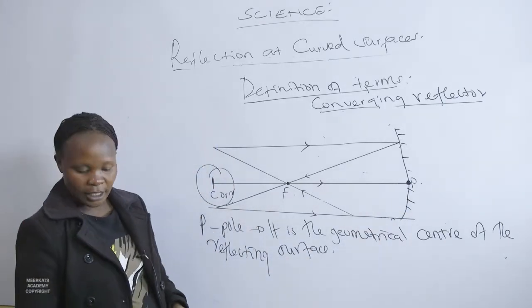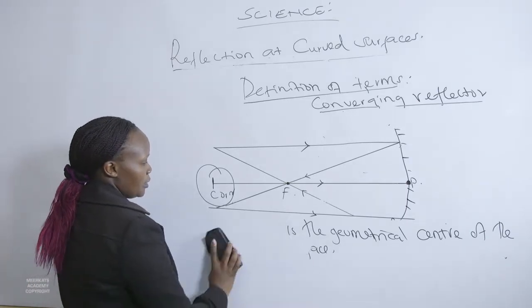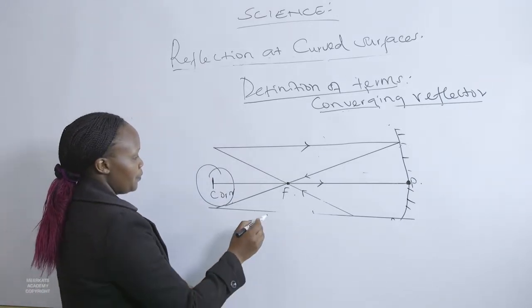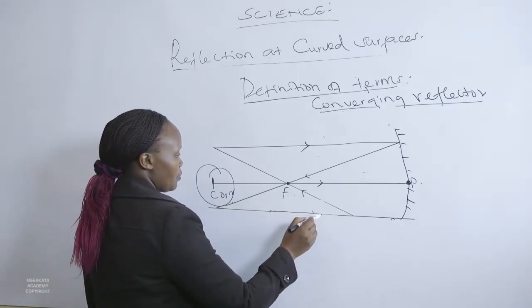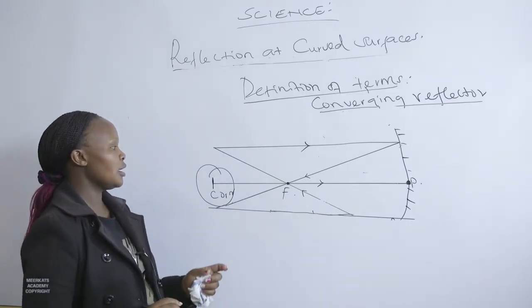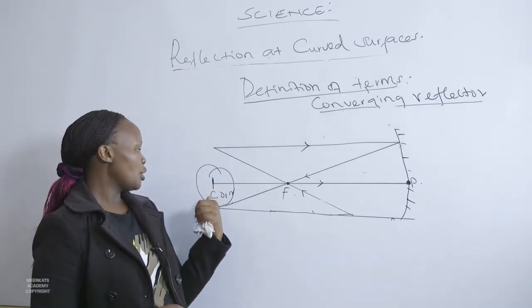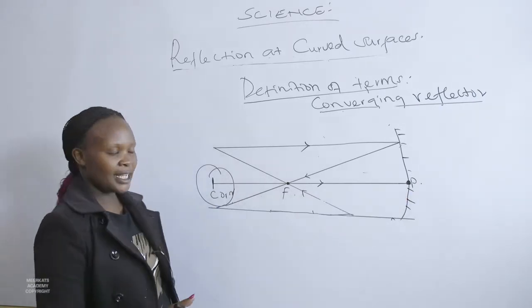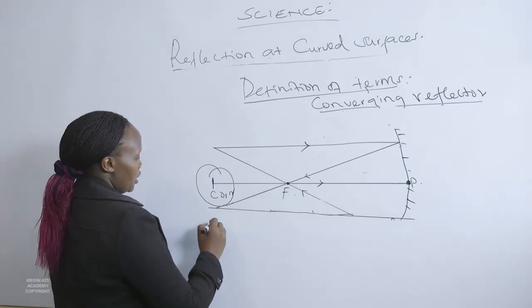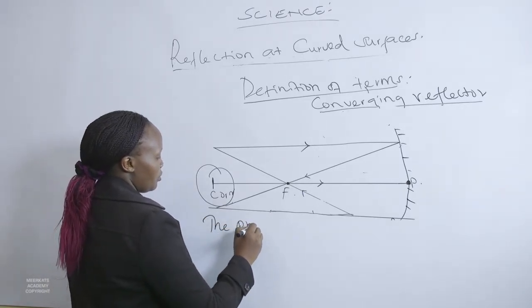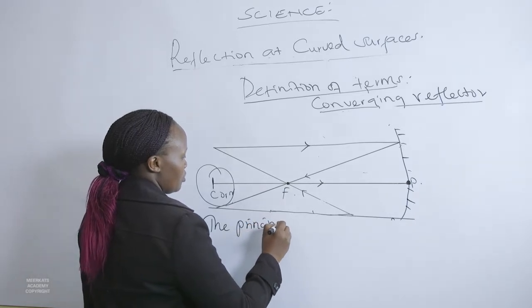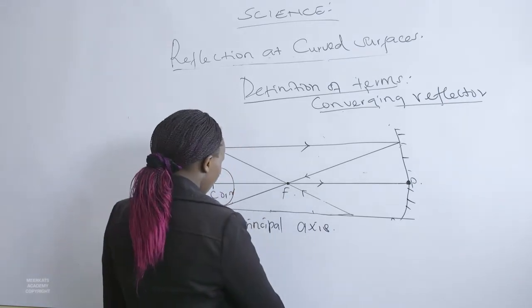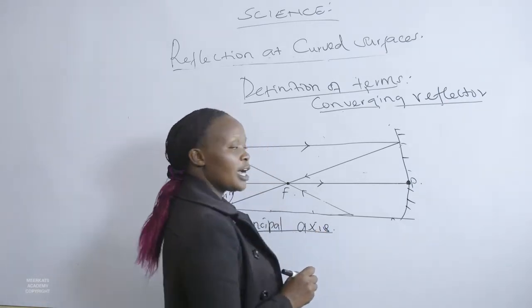Now, there is this line also along which C, F, and P all lie. We call it the principal axis.